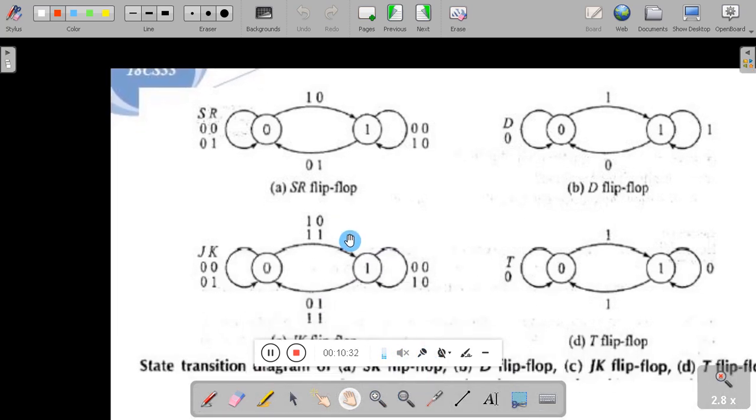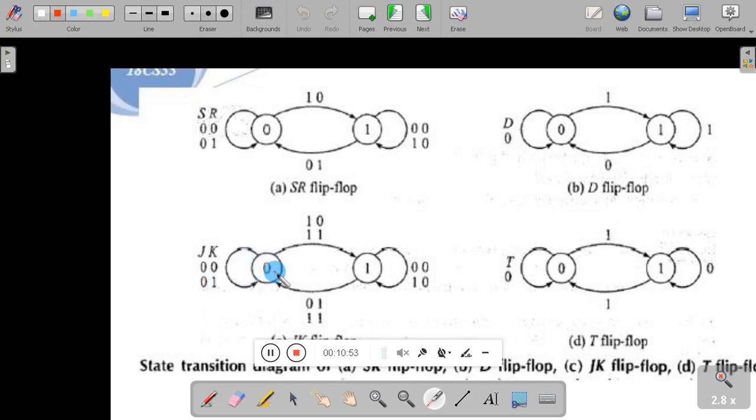So in JK also we will take two states here, 0 and 1. Now when you give the value of JK 0 0, it will remain in 0 state only. And when you give the value of JK 0 1, it will be reset. Reset means 0.